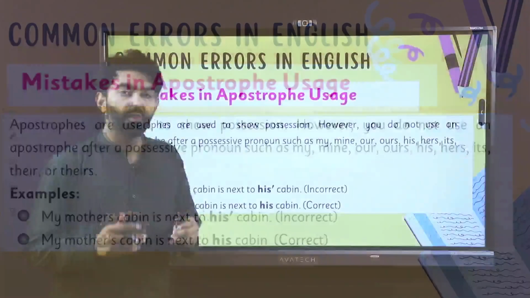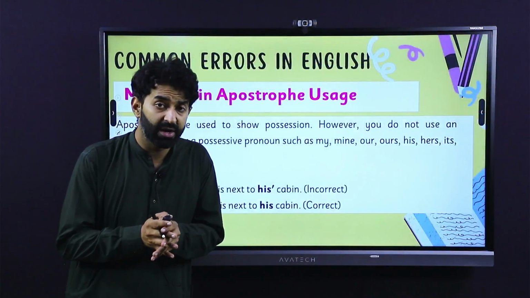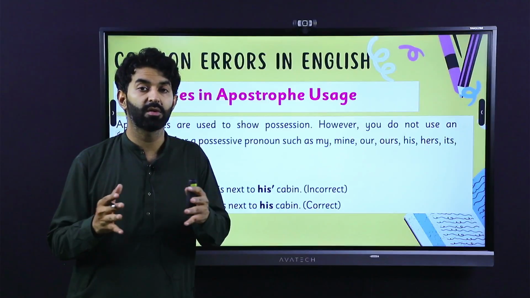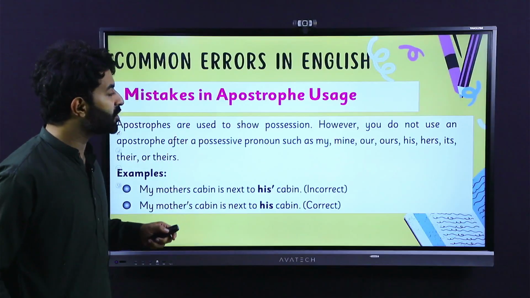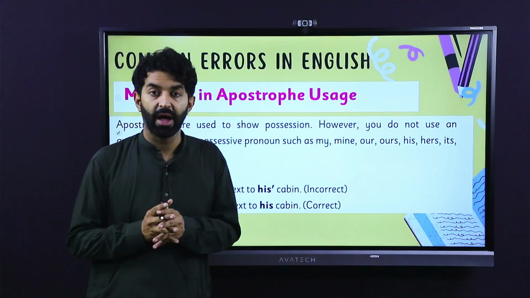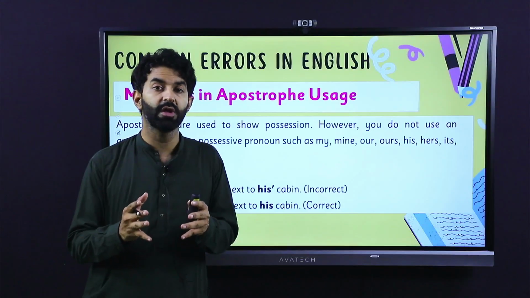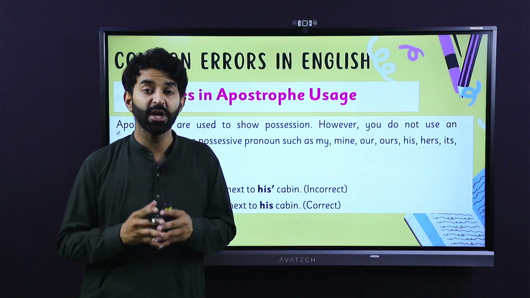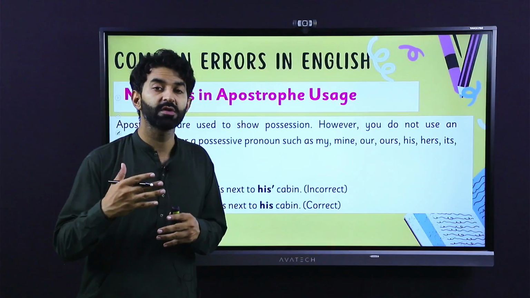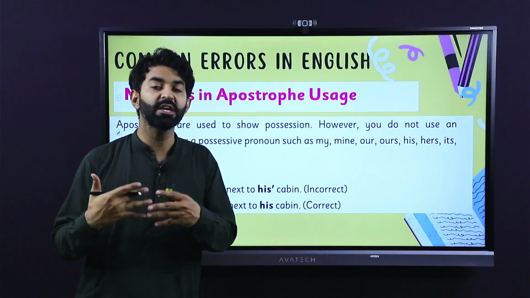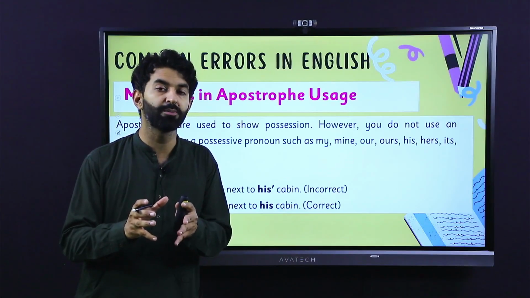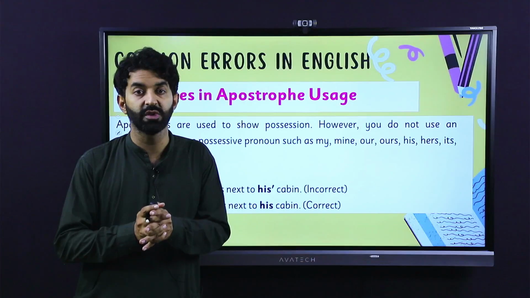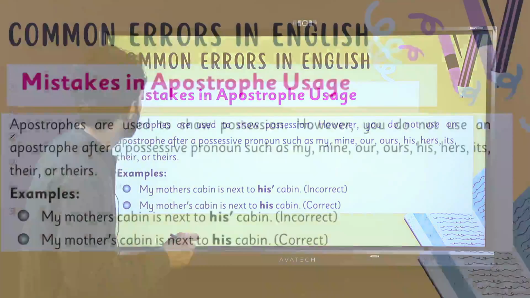Now, after learning about the subject-verb agreement problem and the common pronoun errors, let's talk about mistakes in apostrophe usage. I hope that you know about the apostrophe. It is a punctuation mark. When we are trying to show some possession, or when we are trying to show contraction or a short form of something, we use the apostrophe.